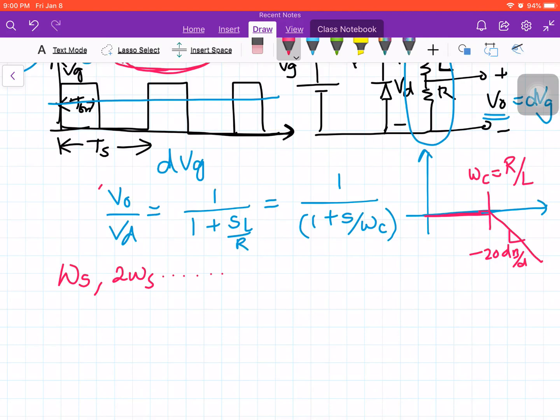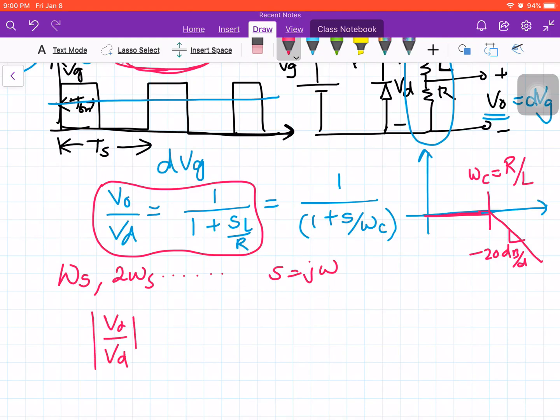So for this particular transfer function, let us write the magnitude first. We'll substitute s equal to j omega and see what the magnitude would be. That is 1 plus j omega into L by R.